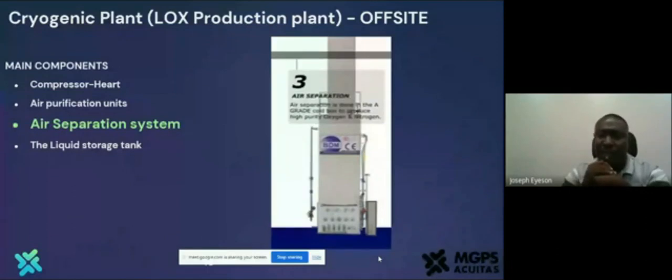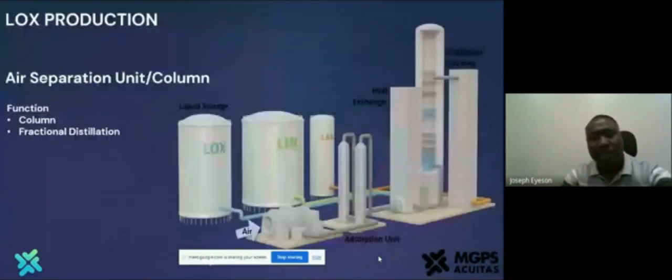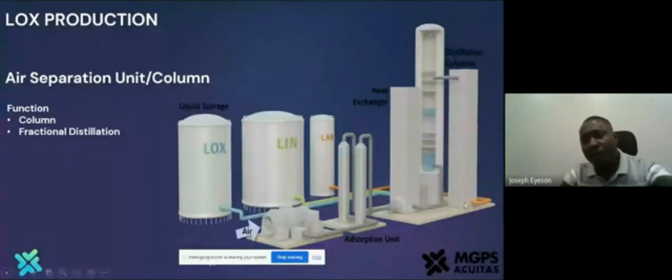The air separation system works using the principle of fractional distillation. There is a column. If you look at this picture, on the far right, you look at the columns, and from the top, you have your air entering, and the design is that using fractional distillation, you are dropping the temperature from 0 to minus 185.